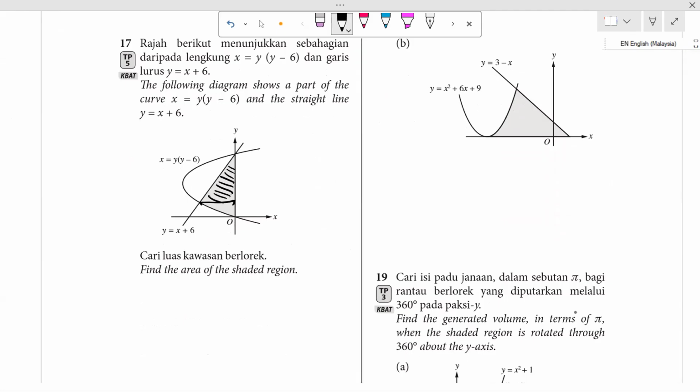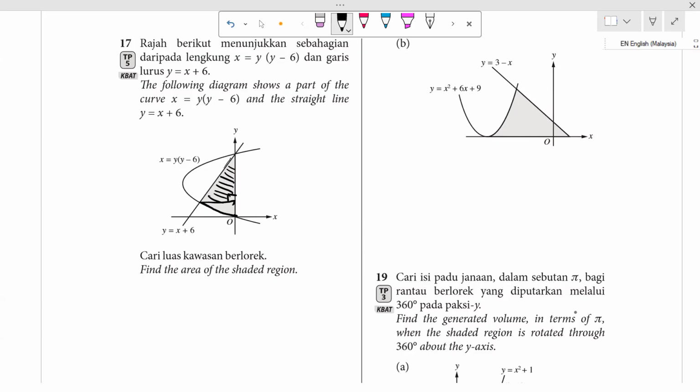And then for this part, you need to see whether the shaded region is by the same curve or different curve. Over here is the curve. Over here is the straight line. This one you can use the right angle triangle method, the geometry method, whereas the curve one you got to integrate.